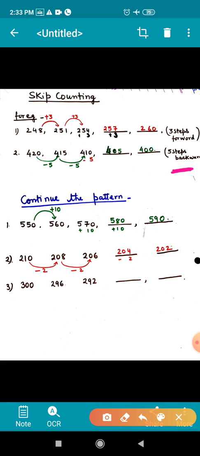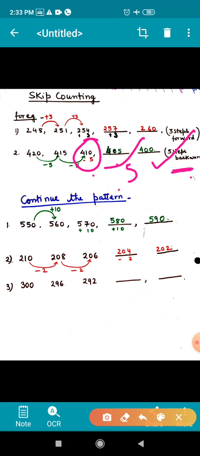How many steps do you have to jump back? 5 steps. It means you will subtract 5 from the given number. So when you subtracted 5 from 410, you have got 405. And when you subtracted 5 from 405, you have got 400. Similarly, we can get other numbers also.